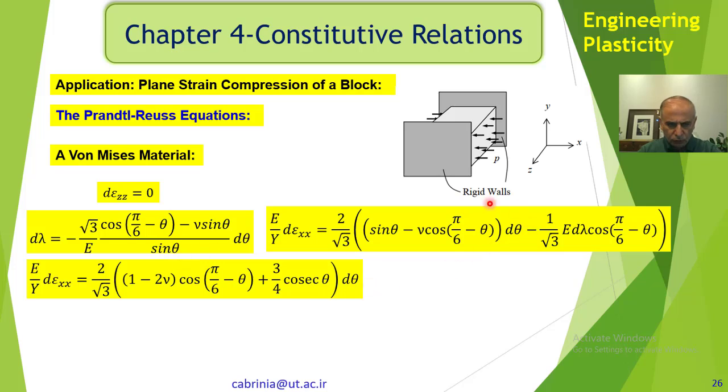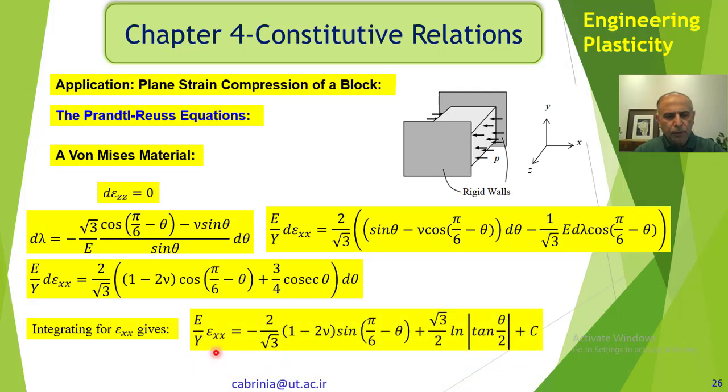I have to do some manipulation. Again, I have not written the intermediate manipulations here. You have to do it yourself. It's longhand. So now I integrate this equation for epsilon XX, and this will give me epsilon XX.